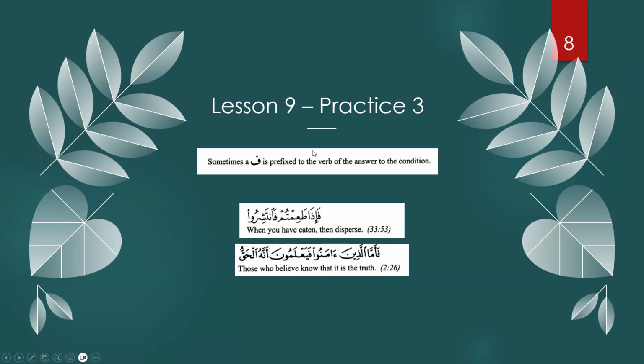Just understand that. In the higher levels, inshallah, we'll go through some of the different explanations of what happens with the fa. Actually, what I will do is in this week, I'll write out some instances. I won't write the whole passage out, but just to give you a brief introduction, I'll write out a little blurb about the fa in English, and I'll send it to you on the WhatsApp group.